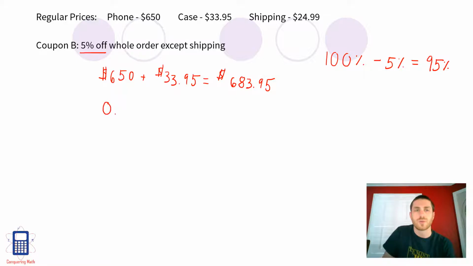So we'll do 95% as a decimal, which is 0.95, times $683.95. And if we multiply that out, we get $649.75. So that is the cost that RJ pays after the coupon, but without shipping.